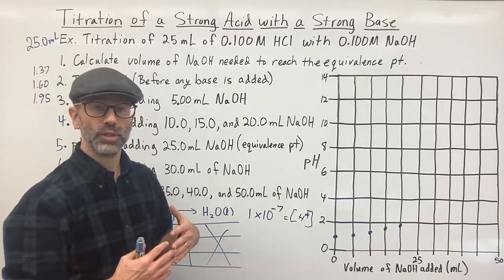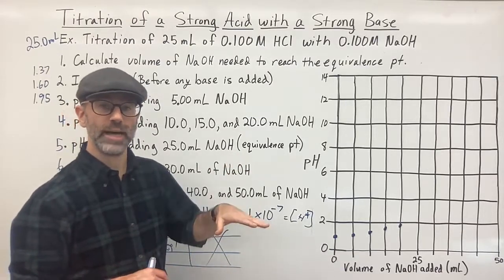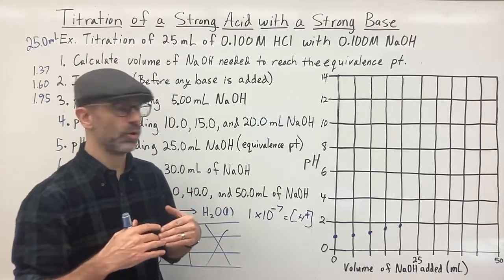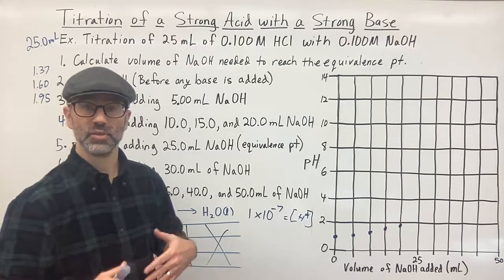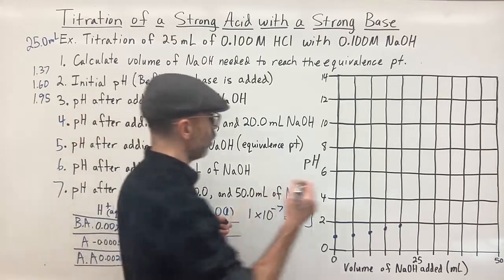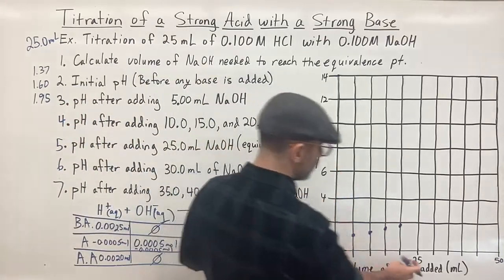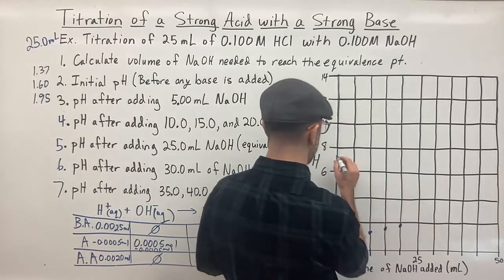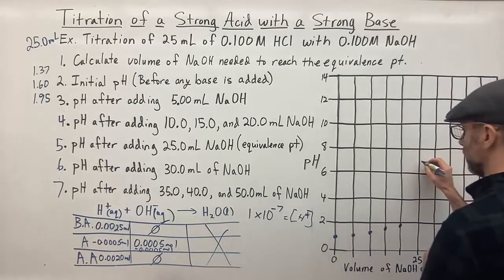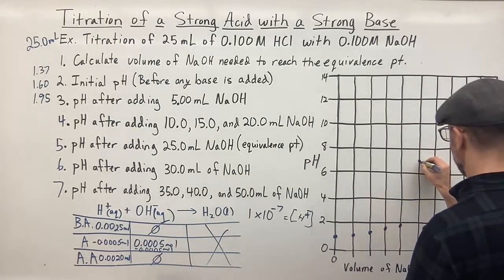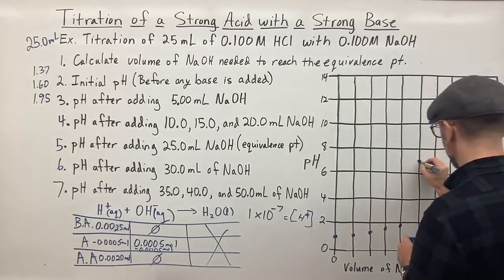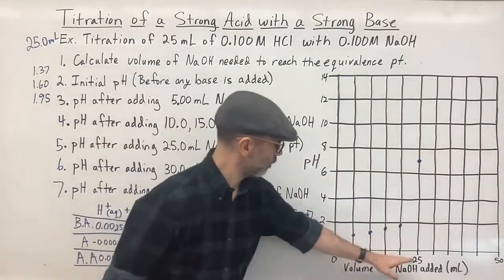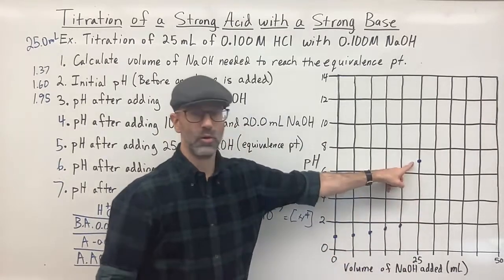So at the equivalence point, when you're titrating a strong acid with a strong base and you neutralize the acid, it should be a pH of 7 since water is the only thing that's left. So at this 25 milliliter mark here, the pH is going to be 7. So you can see right away that at the equivalence point, the pH rises quite a bit.